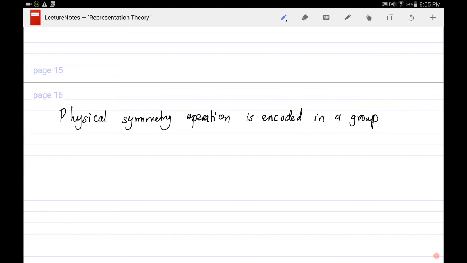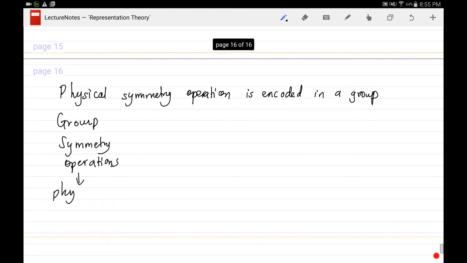Now, somehow what's happening is that we have a group and we have symmetry operations. These correspond to physical actions. What did I physically do to my system?